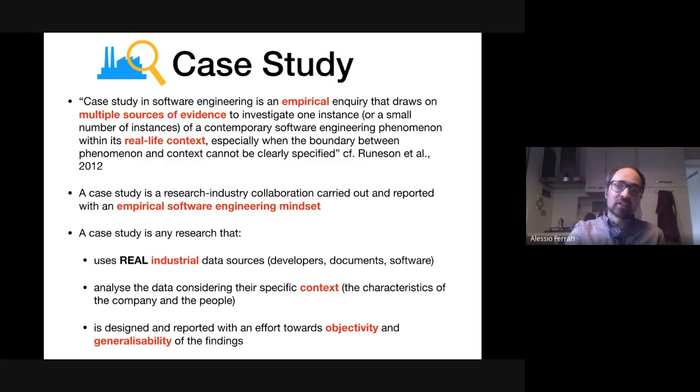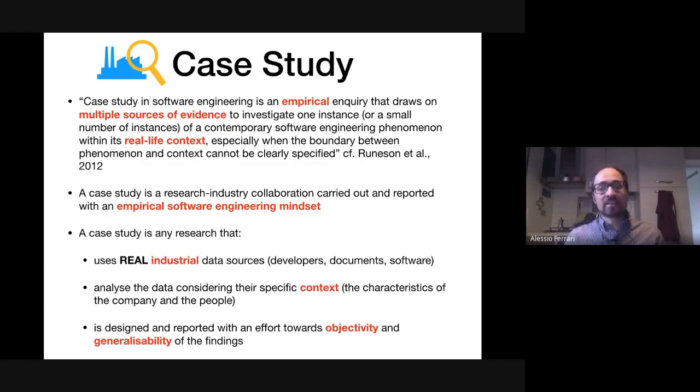Let's see another definition to provide you another perspective on what a case study is. A case study is a research-industry collaboration carried out and reported with an empirical software engineering mindset. What does it mean? It means that a case study is any collaboration that a university does with industry. This is not an absolute definition, but in most cases it is carried out in a research-industry collaboration, with an empirical software engineering mindset.